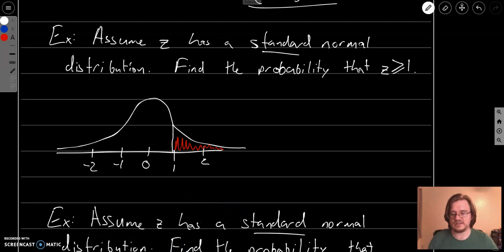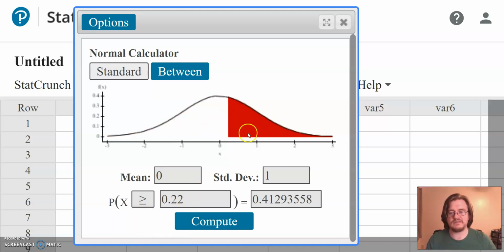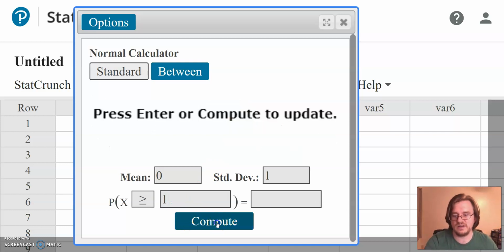So here, let's come back to our calculator, and what we can do is change the direction here. If I change the direction to greater than, it flips which side we're calculating. So now we can calculate values that are bigger than, in this instance, 0.22, and it'll calculate this area. So I wanted to calculate the area that's bigger than 1.